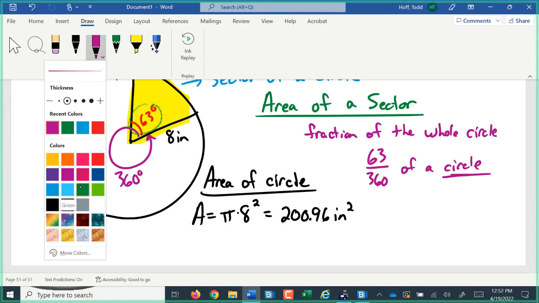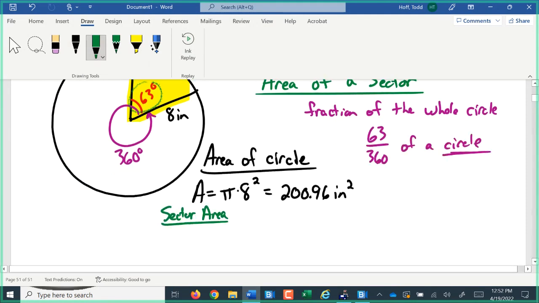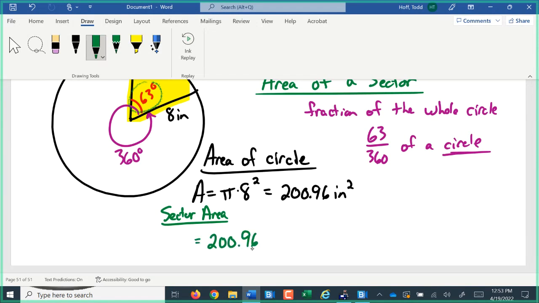So how do I find the sector area? Well, the sector is the area of the whole circle times that fraction, 63/360.